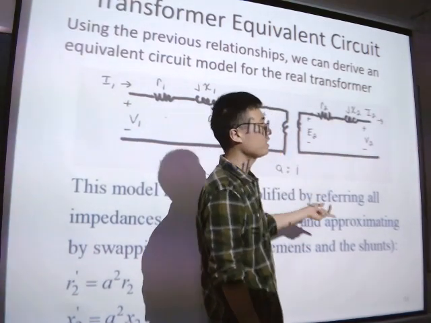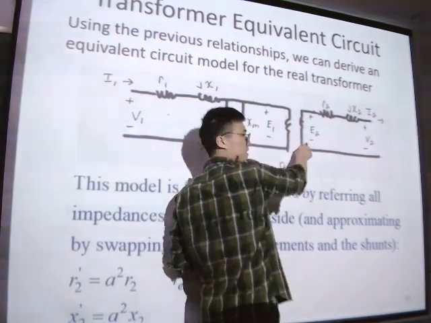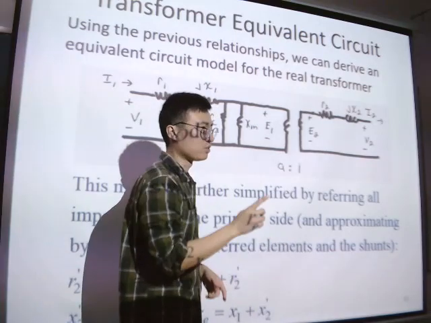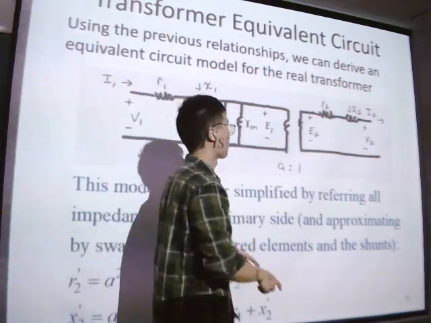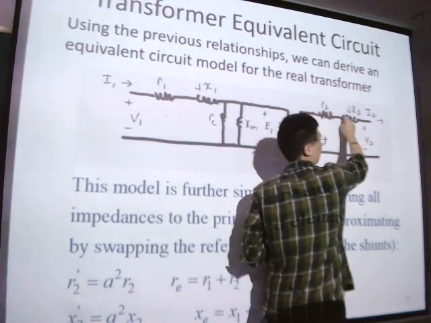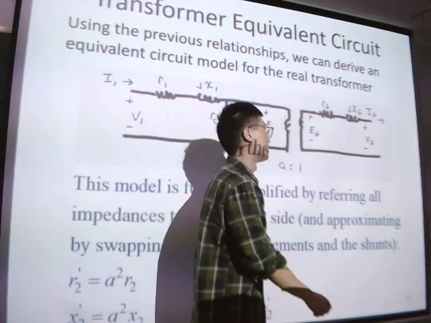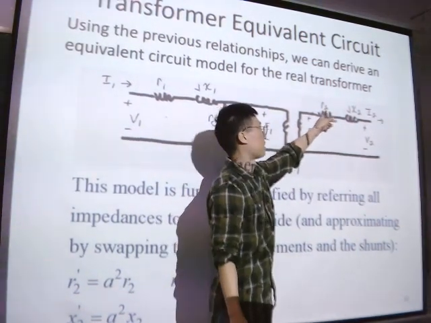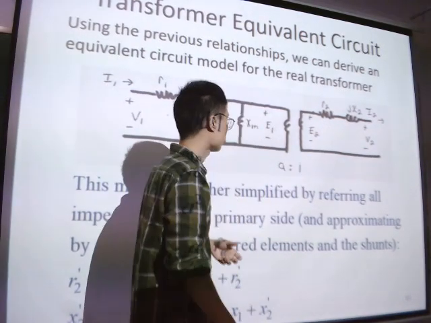There is only one core here, so we only need to calculate it once. So for the secondary side, there will only be the impedance of the transmission line, like R2 and X2, okay?